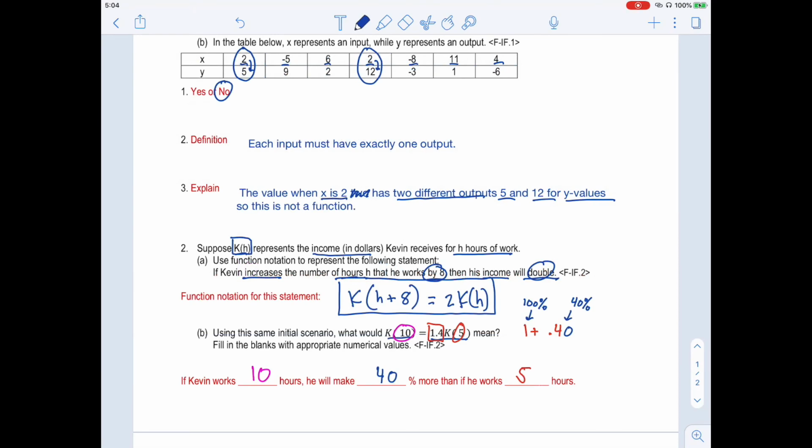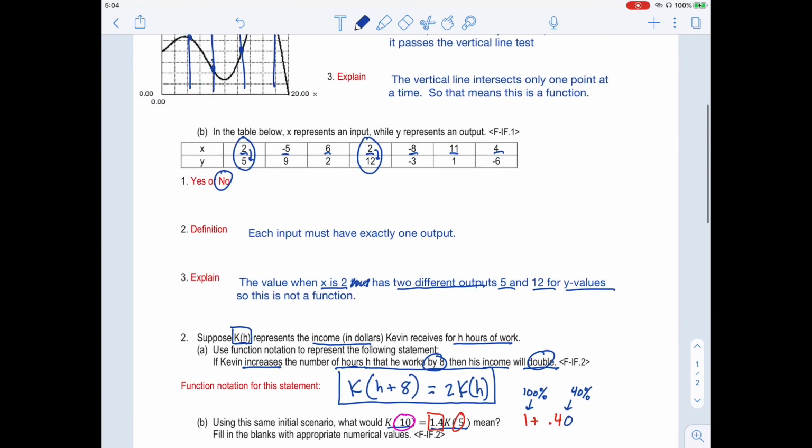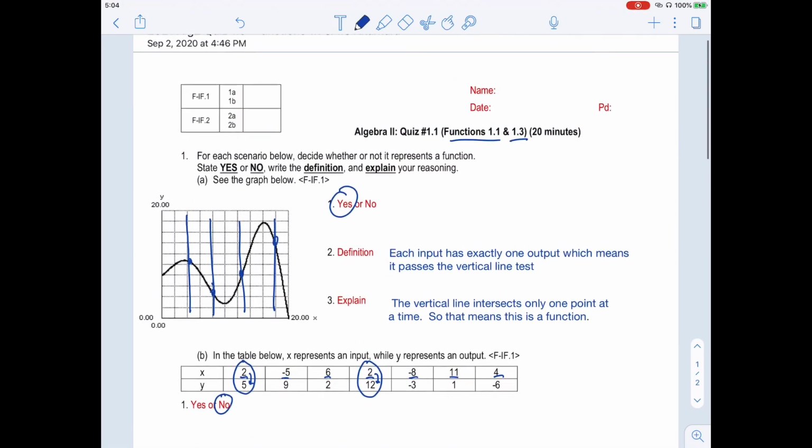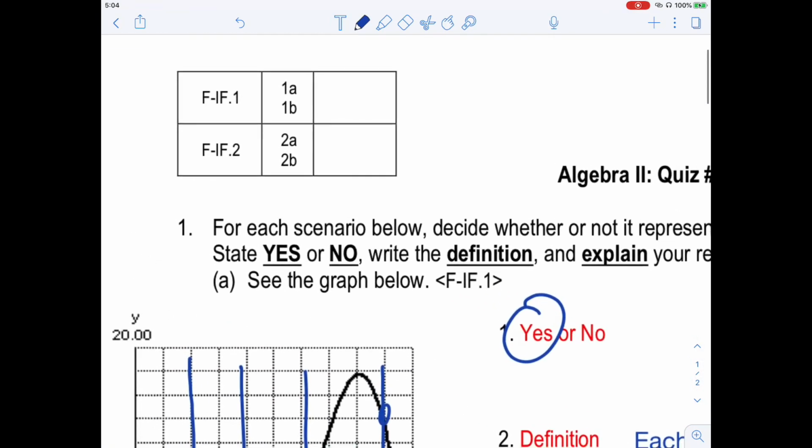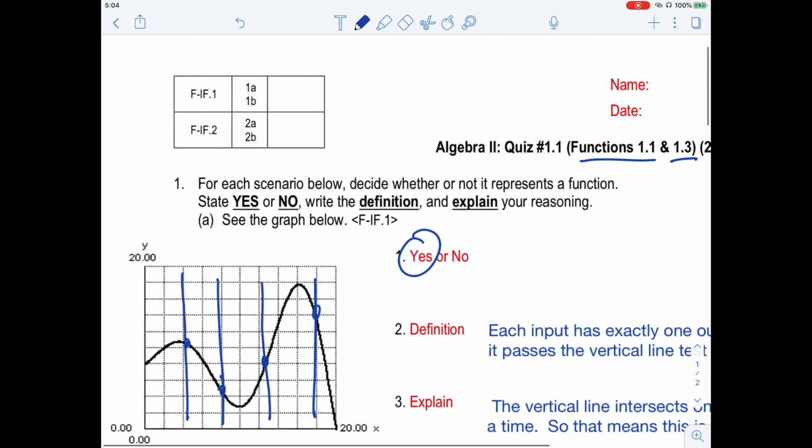Also, you're going to know in your grades that there are two different standards. So you're going to receive two different scores, and you'll see that on Google Classroom, because Google Classroom does not take multiple standards at the same time where it uploads to Jupyter automatically. So I put two numbers, out of four for each standard.